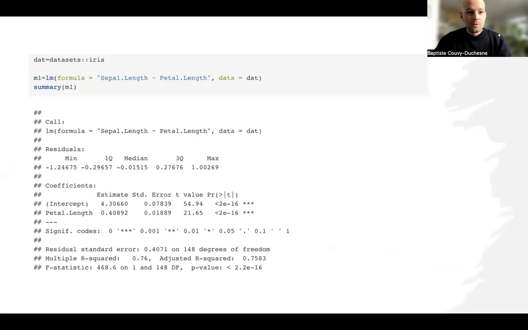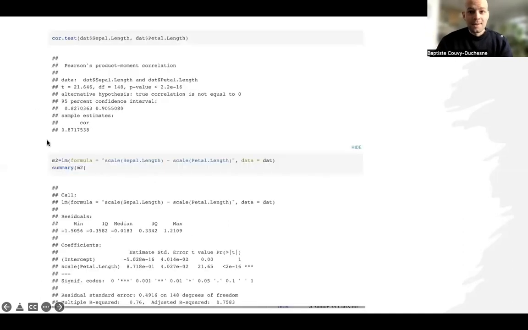So we fit this model on the iris dataset: sepal length as a function of petal length. And then we have an estimate of effect size with a standard error and a p-value. We can check what I've said before about this equivalence between beta and the correlation coefficient.